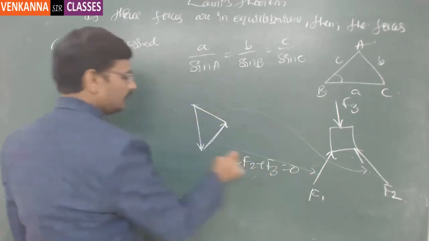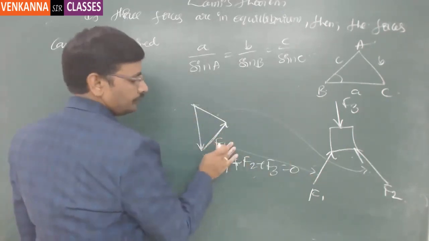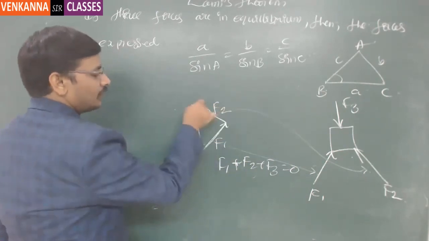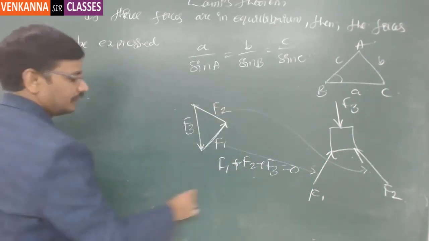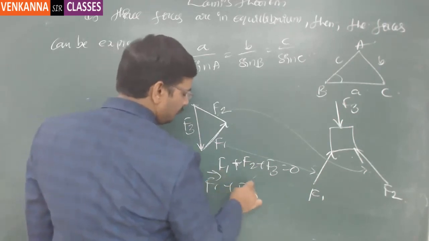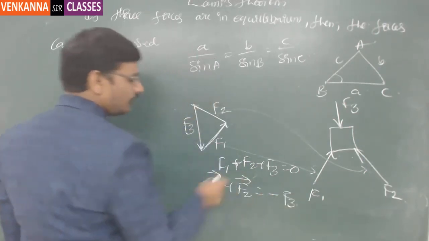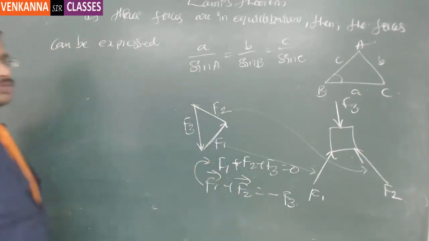This I proved earlier. Suppose this is F1, this is F2, and this is F3. The sum of F1 and F2 is obviously equal to minus F3. So F1 plus F2 is equal to minus F3, or F1 plus F2 plus F3 is equal to 0.